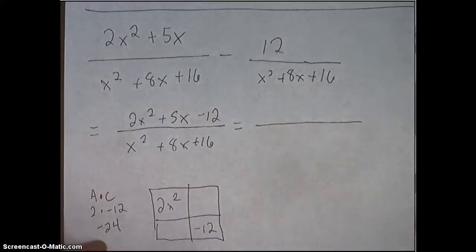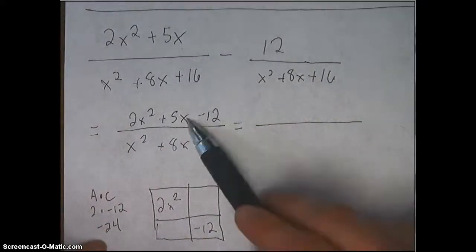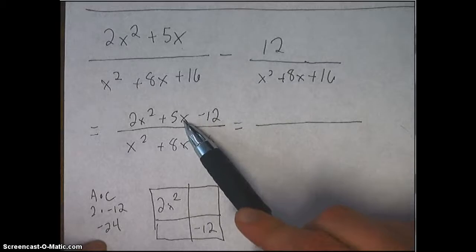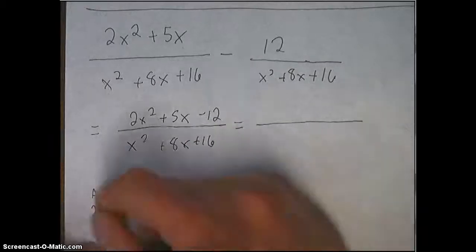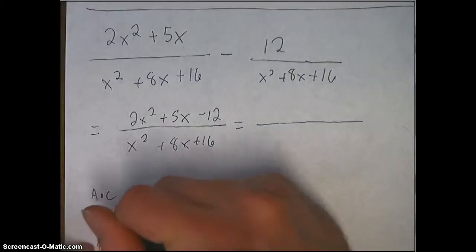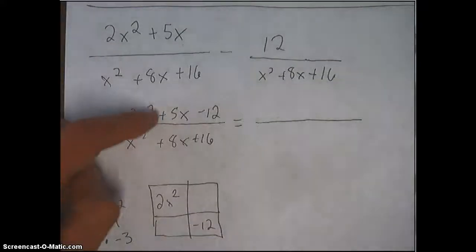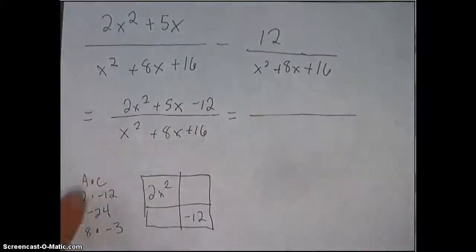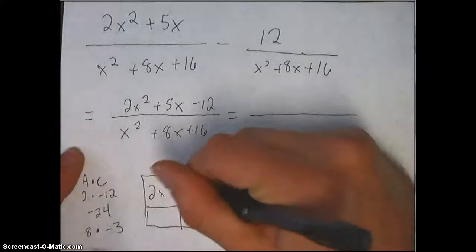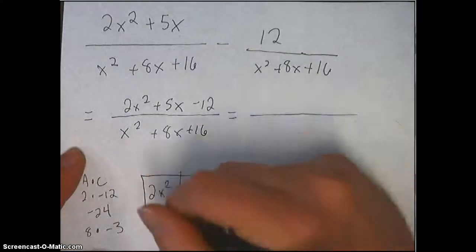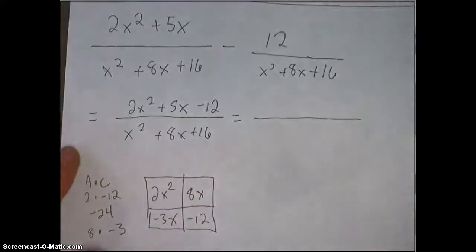So I'm looking for factors of negative 24 that add to positive 5. And the one that jumps out at me is 8 times negative 3, because that multiplies to negative 24, but it also adds to positive 5. So I'm going to write an 8x here and a negative 3x here.